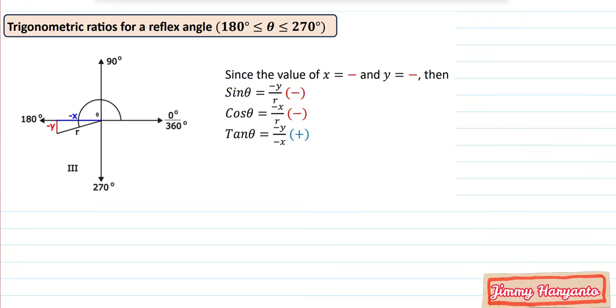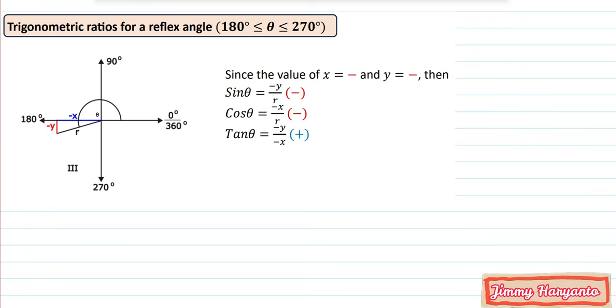Next is the trigonometric ratios for a reflex angle. A reflex angle can be in the third or the fourth quadrant. For this one, we are talking about the reflex angle in the third quadrant, or in between 180 and 270. Okay, in the third quadrant, the value of x is negative and the value of y is also negative.